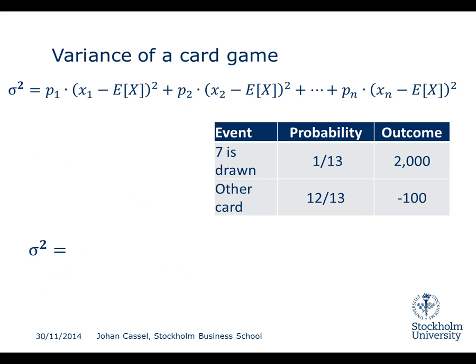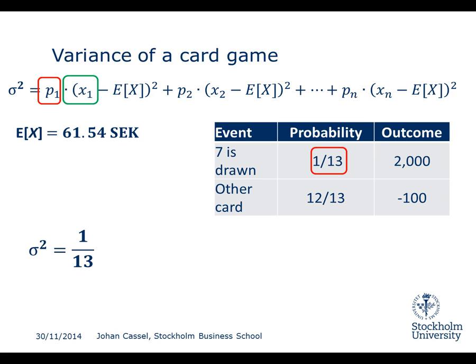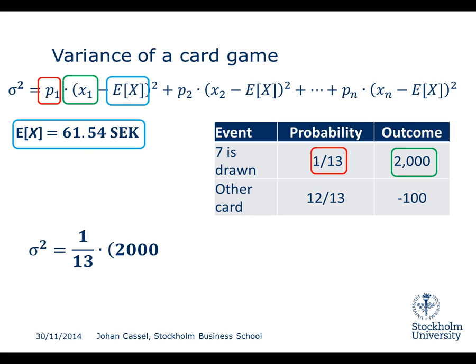When we did the variance of a card game, you multiplied the probability of a 7 being drawn, which was 1 divided by 13, times, within the parentheses, the outcome in case a 7 is drawn, which was 2000, minus the expected value of 61.54. So you had a deviation from the expectation in case we had a 7.